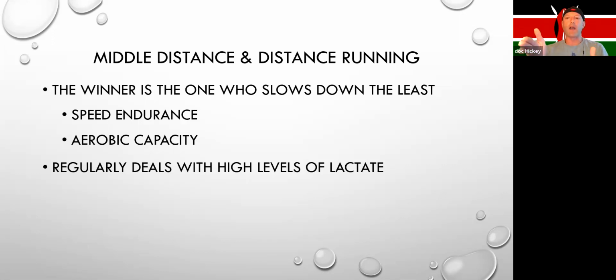As the game progresses, you go into cardiac drift, so heart rate is going to naturally increase. The body is going to trend more toward the lactate system away from the alactic system. So the hockey player that can deal with high levels of lactate late in the game is going to be the one that is going to see the majority of the ice time.